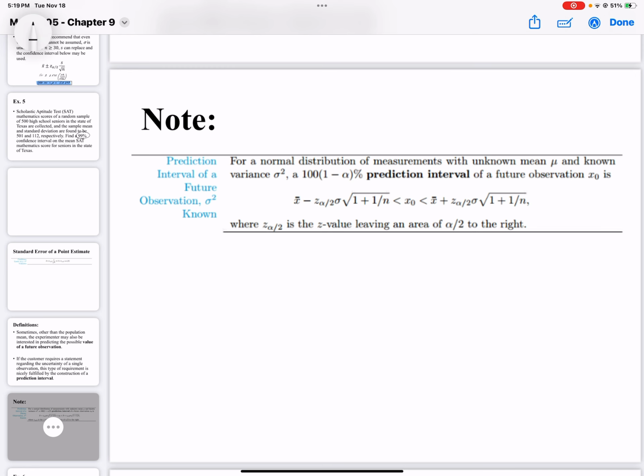So this is the formula. Obviously, it looks very different, and it is the formula that will give you a prediction interval. So if I want to predict a future observation value, this is the formula that I would use for that. Okay? All right, let's do it.